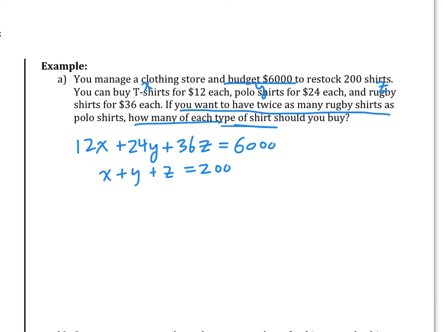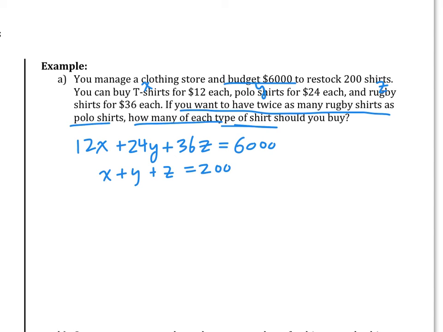You have to have twice as many rugby shirts as polo shirts. I get very confused when they say twice as many, so what I usually do is ask myself, which one do I have more of? Do I have more rugby shirts or more polo shirts? According to the problem, I have more rugby shirts.